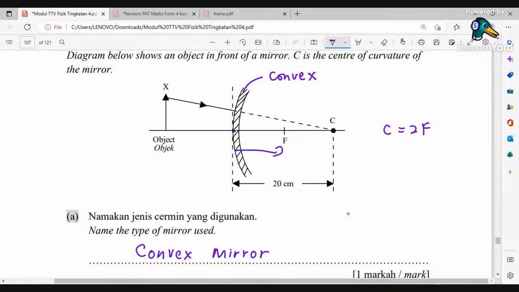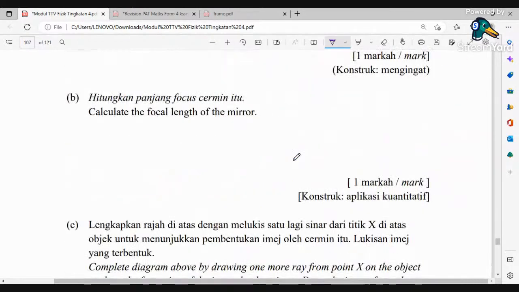Okay, maksudnya ini F, ini pun F. So 2F equals to 20 cm. Sebab center curvature 2 kali ya. So you will divide, 2F equals to 20, F equals 10 cm.